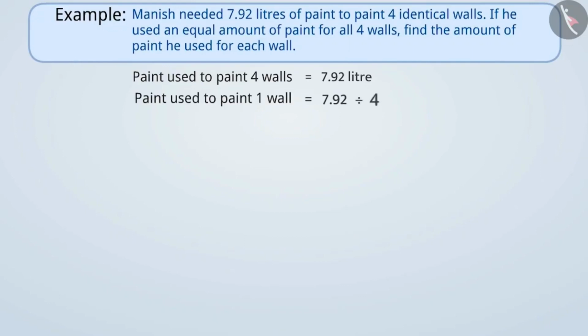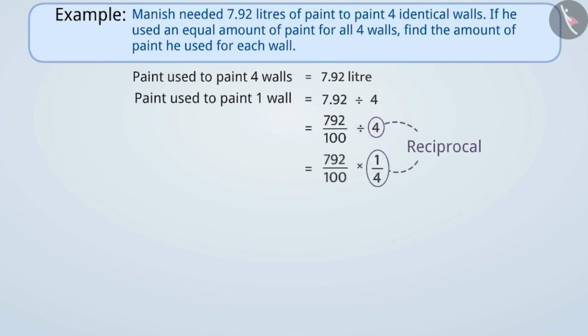We can write 7.92 in the form 792 by 100. So the division will become 792 upon 100 divided by 4. To find the result of division, we will write the first number 792 by 100 as it is and multiply it by the reciprocal of the second number 4, that is 1 by 4. 792 by 100 into 1 by 4 is equal to 792 into 1 by 100 into 4.